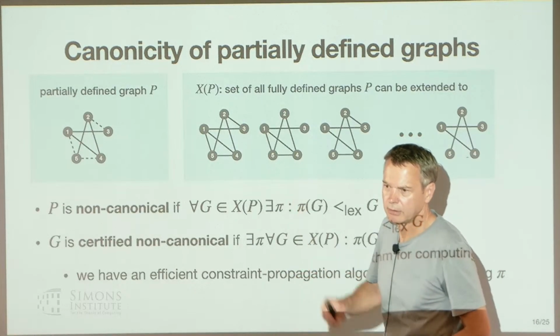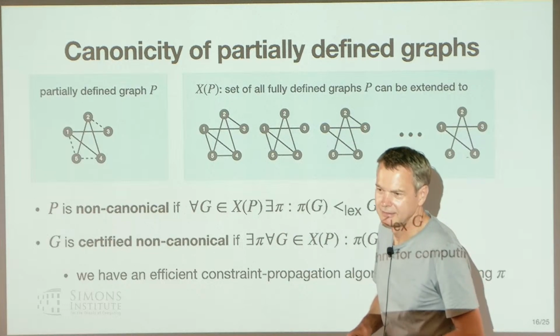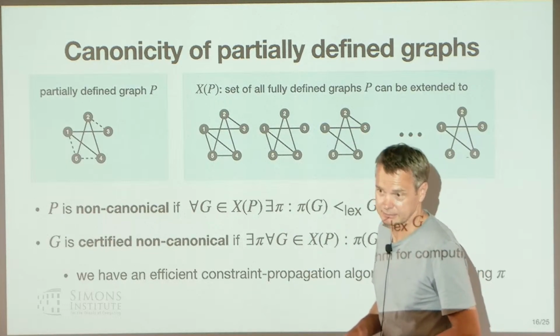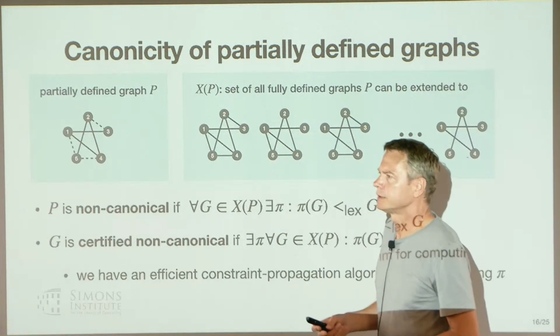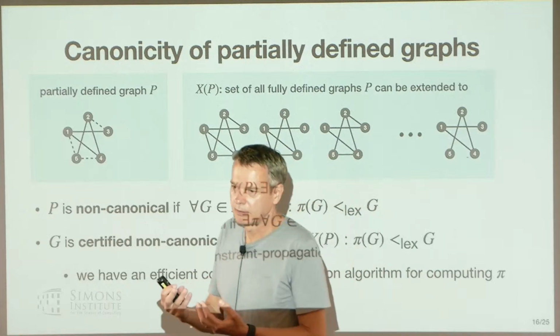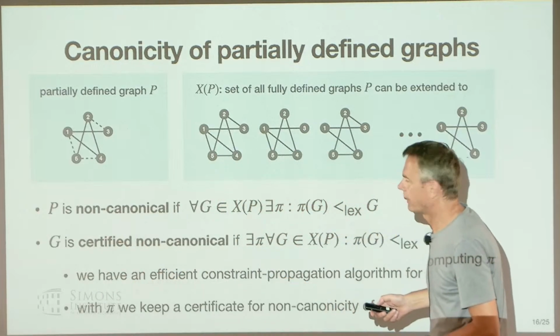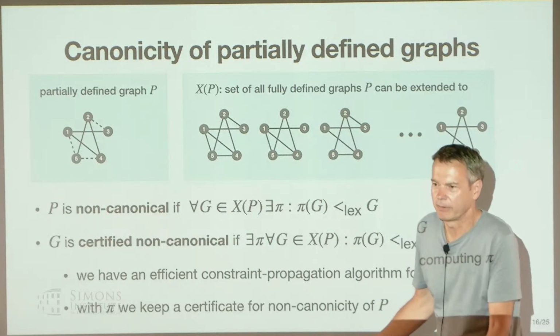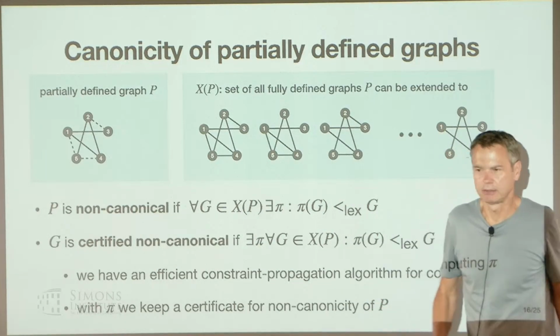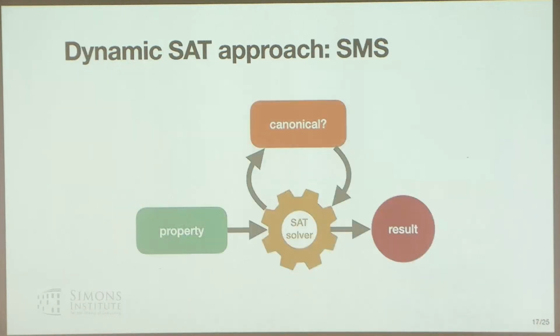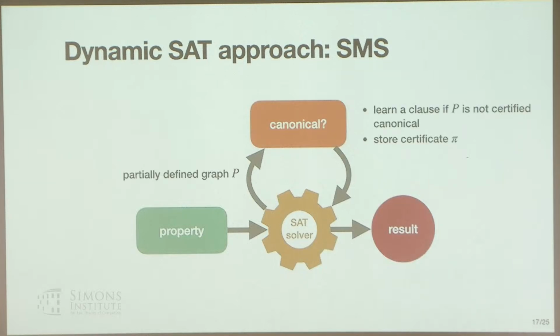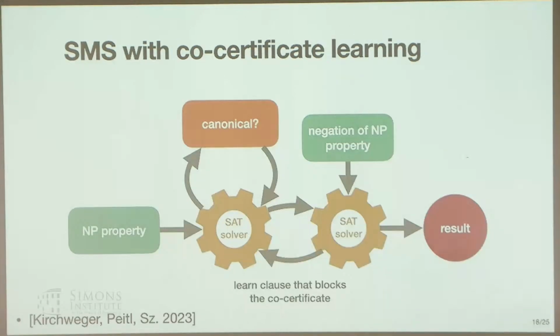But now you have this extra work on every step computing certificates. No, it's not extra work, because when the special algorithm finds non-canonicity, it finds a permutation, so we have it anyway. I see, you just save it. Yes, we just save it. No extra work. Okay, got you.